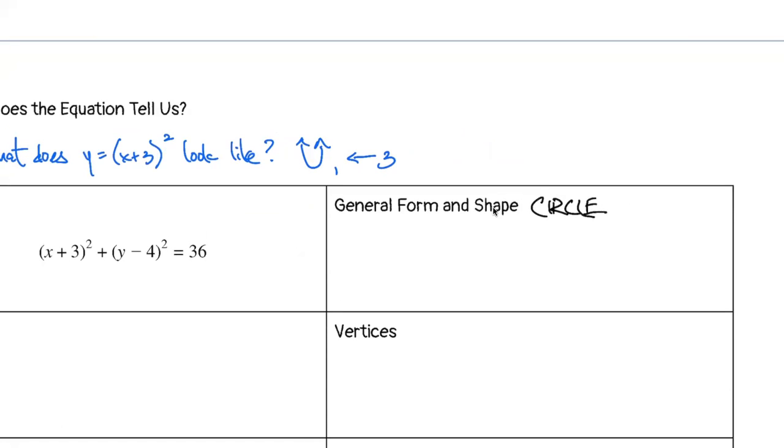And the reason why we know that, we're going to put the general form with a lot of letters here, is going to be x minus h squared plus y minus k squared equals r squared. Okay.